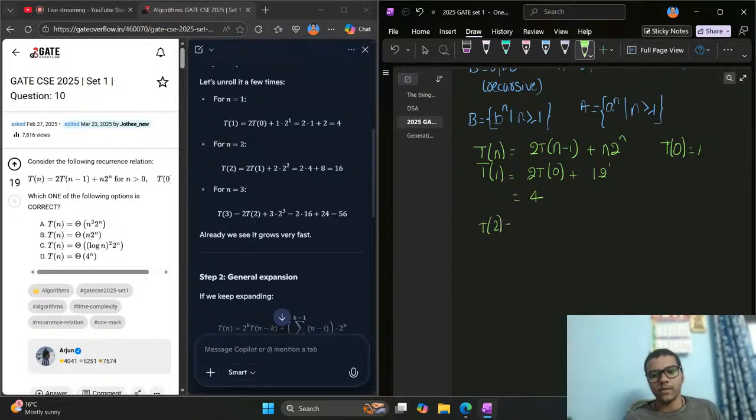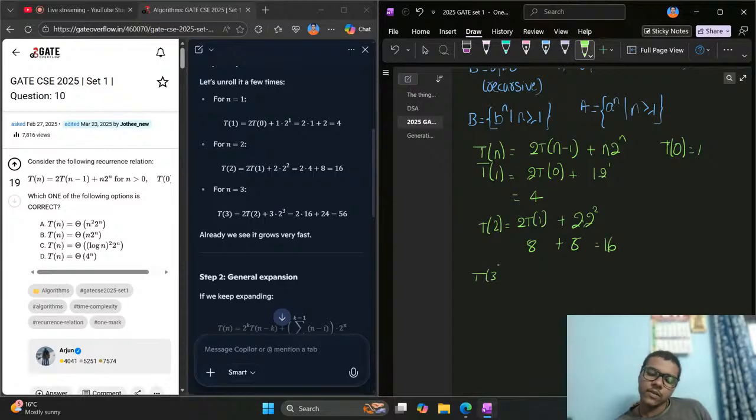And T of 2 is something like 2T of 1 plus n, which is 2, right? 2 into 2 power 2, that is 2 cube, this is 8. And this is 8, this is 16.